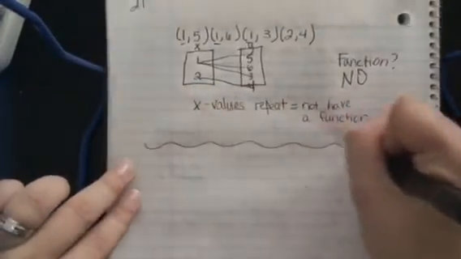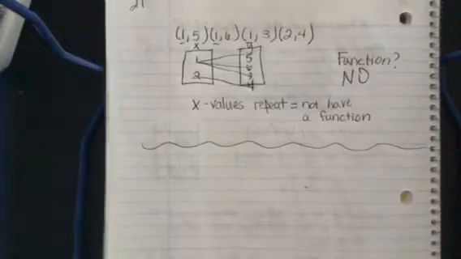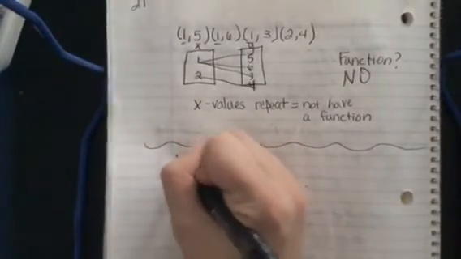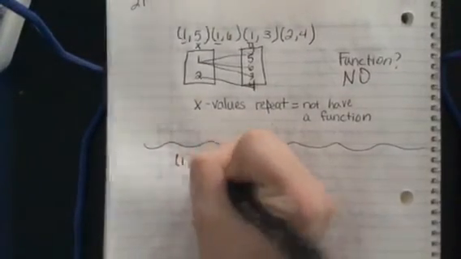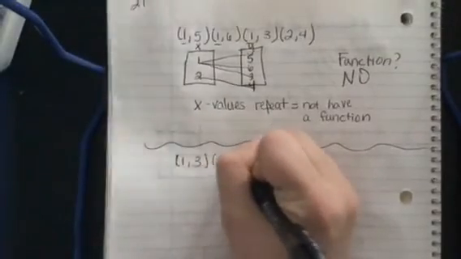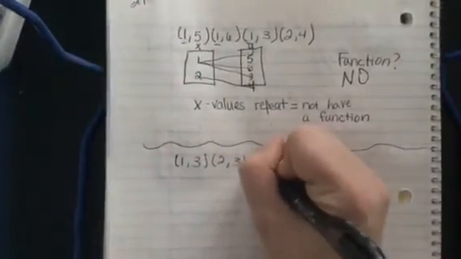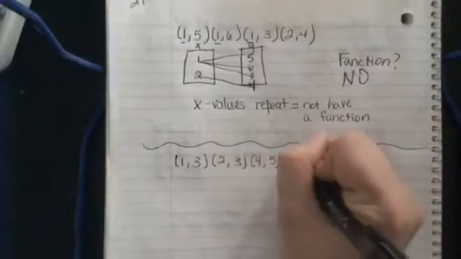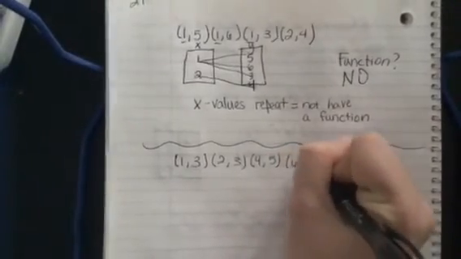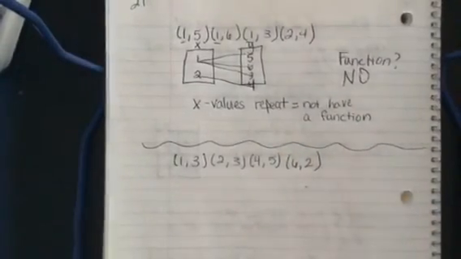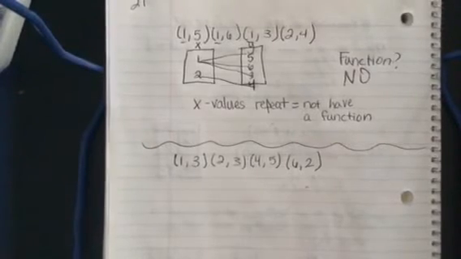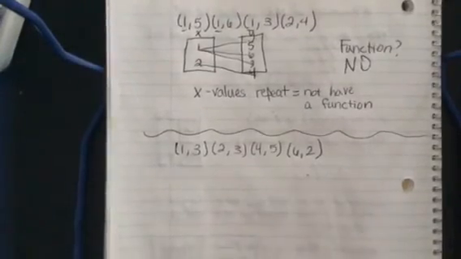All right, we're going to do one more example. Let's talk about the list (1, 3), (2, 3), (4, 5), and (6, 2). Let's do a mapping diagram with this one.